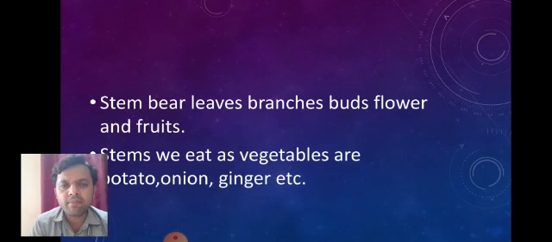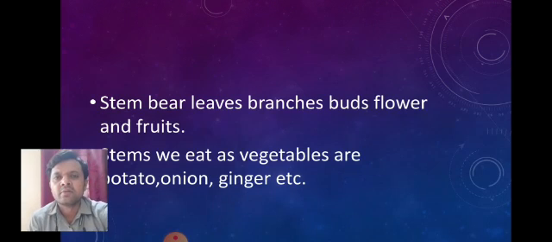Moving on, stem bears leaves, branches, buds, flowers and fruits. Obviously, the stem is the only part of a plant on which all these things grow. The stem is the part of the plant on which leaves grow, branches grow, buds, flowers and fruits grow. So stem bears leaves, branches, buds, flowers and fruits.